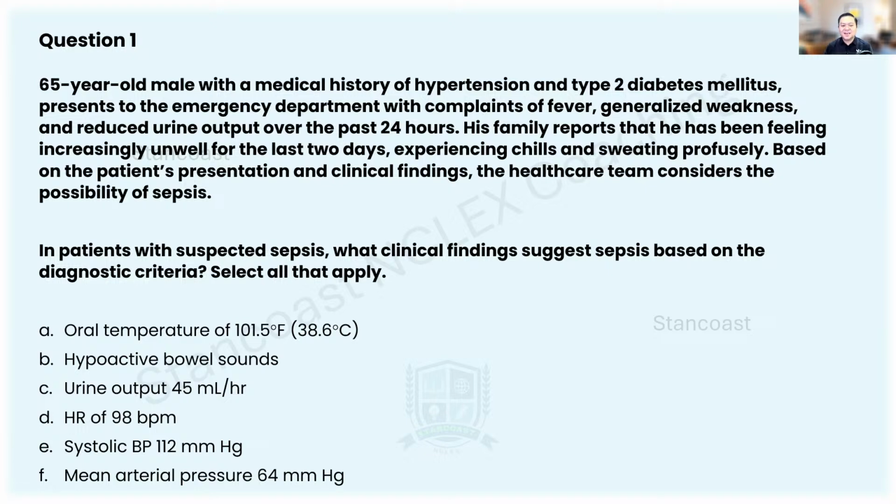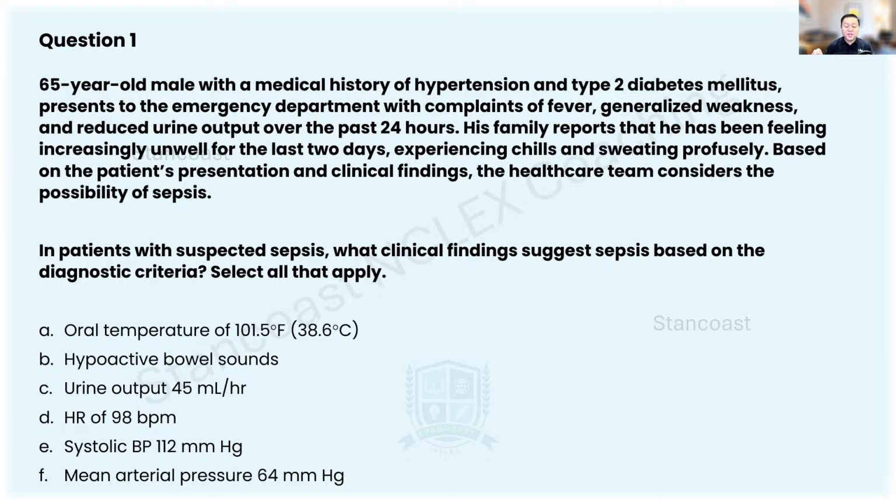A 65-year-old male with a medical history of hypertension and type 2 diabetes mellitus presents to the ED with complaints of fever, generalized weakness, and reduced urine output over the past 24 hours. His family reports that he has been feeling increasingly unwell for the last 2 days, experiencing chills and sweating profusely.